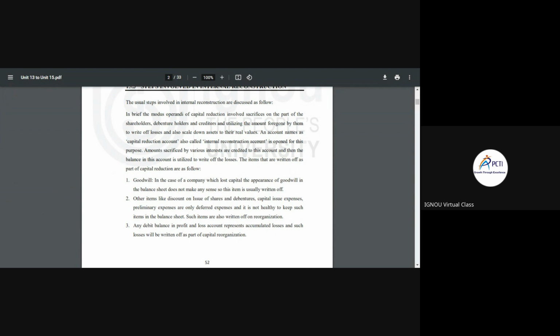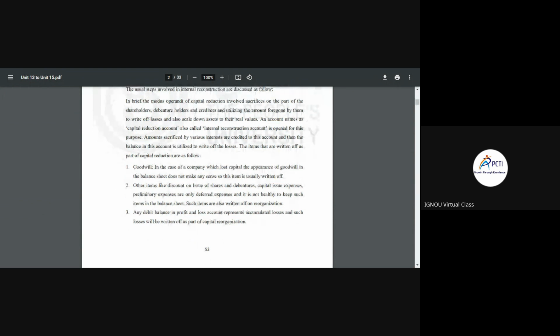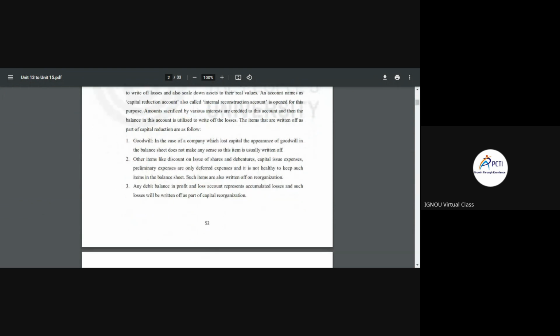Second one is other items like discount on issue of shares, debentures, capital issue expense, and preliminary expenses, which are only deferred expenses, and it is not healthy to keep such items in the balance sheet. So such items are also written off on reorganization. When we are doing the internal reorganization, at that time we will write them off.